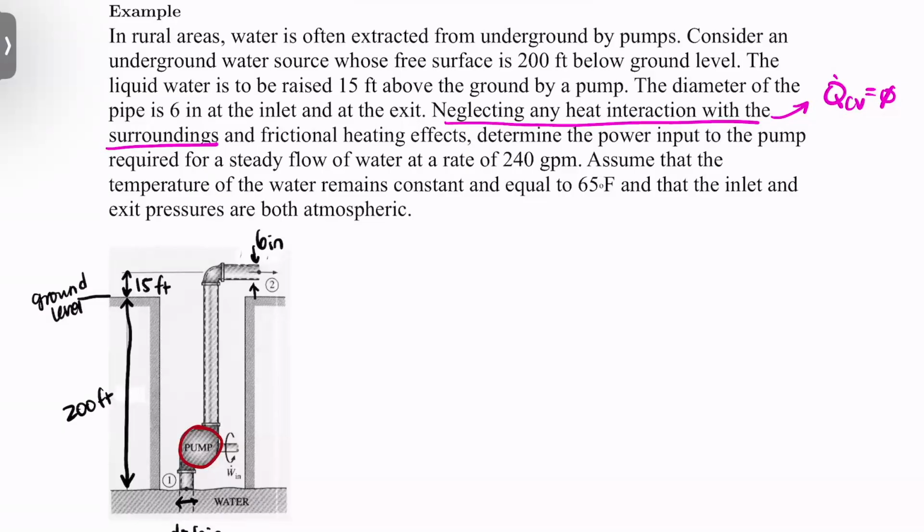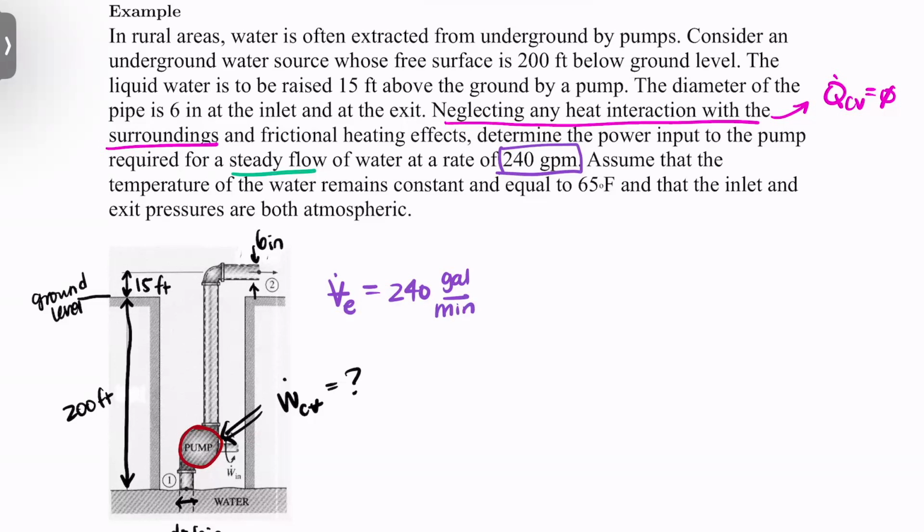So we want to find W dot CV, for a steady flow of water, so steady flow, we're going to mark that up too, at a rate of 240 gallons per minute. So this 240 gallons per minute is V dot at the exit.